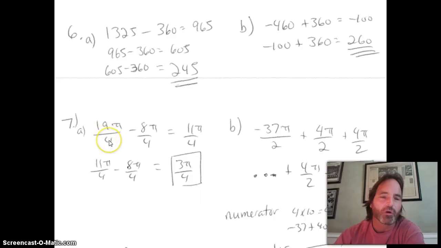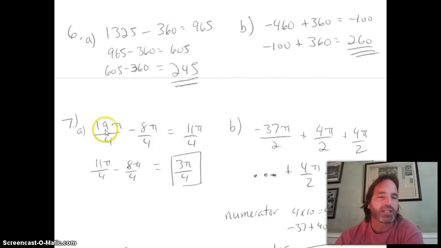But 19/4, I sliced pi into 4 slices. So every pi is broken down into 4 pieces, fourths. If I have 2 pi, that's 8/4. So 8/4 represents 2 pi.